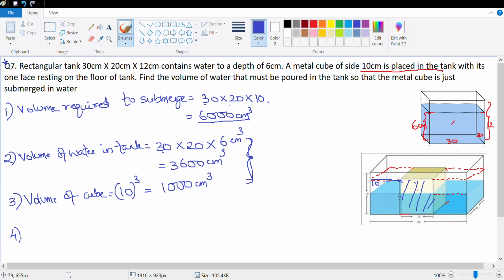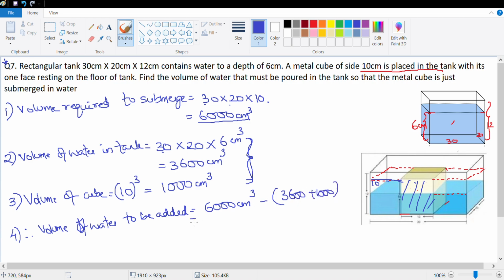So therefore volume of water to be added will be equal to total volume, which is 6,000, which is required, out of which 3,600 is already in there and 1,000 is already in there, which means 6,000 centimeter cube minus 4,600 centimeter cube, which is equal to 1,400 centimeter cube.